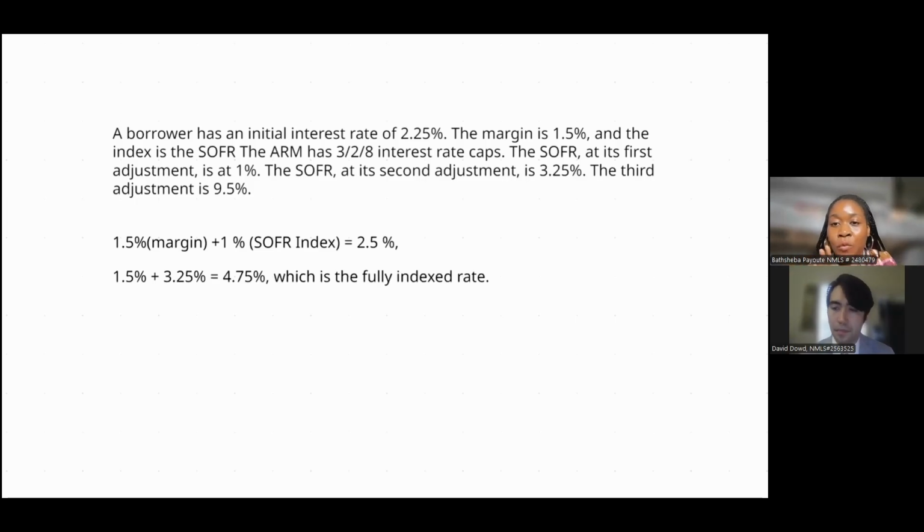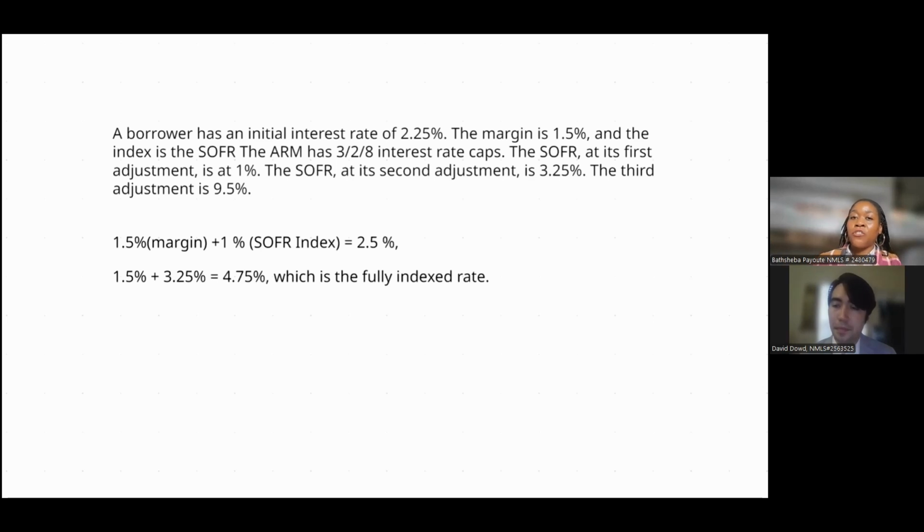Now, this is where you are when your ARM is adjusting. So every year they're going through this, and well, not every year, every month, depending on the ARM. Depending on the ARM, so sorry, it could be every year.